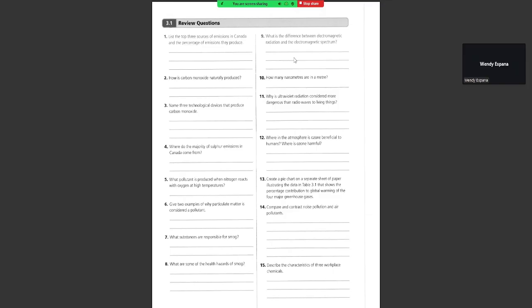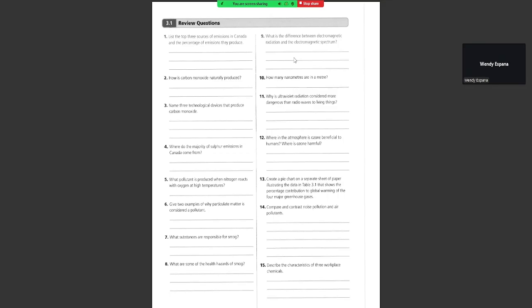So think of it in relation to the surface of the earth. Where would ozone be beneficial? And where would it be harmful? Also, that question is worth 2 marks. So make sure you give an example and an explanation of where it's beneficial, and an example and an explanation of where it's harmful. Okay, that is our introduction to common environmental factors.